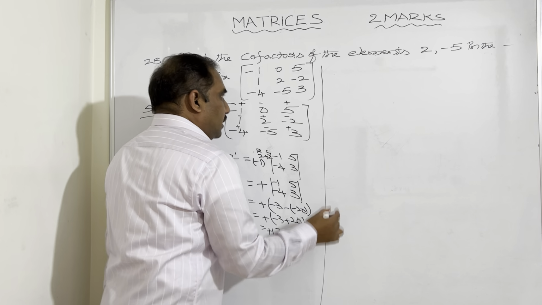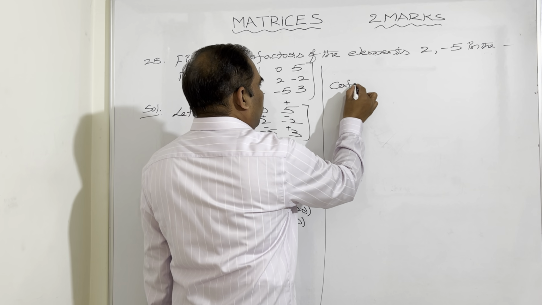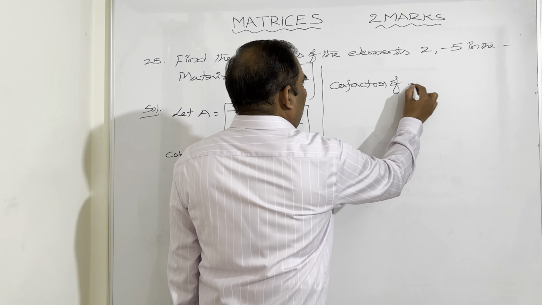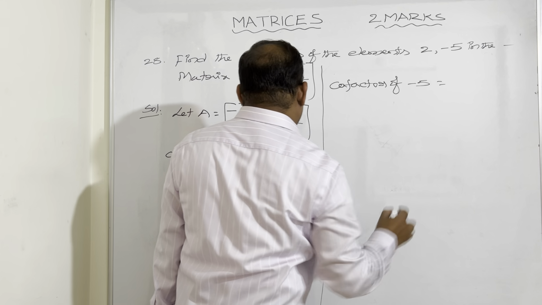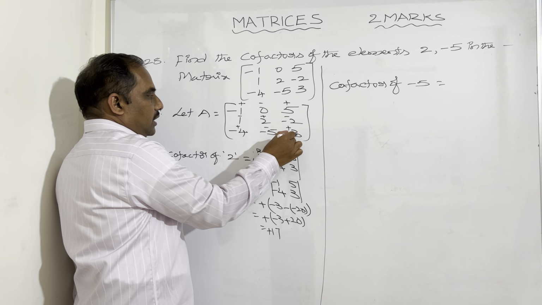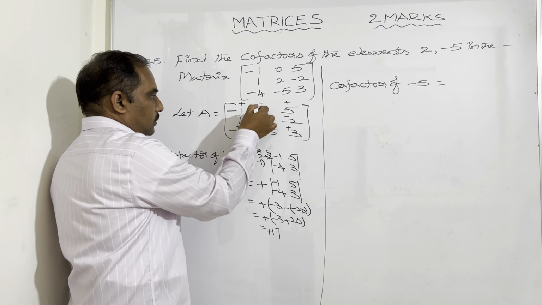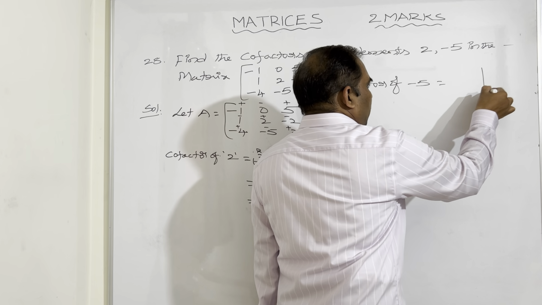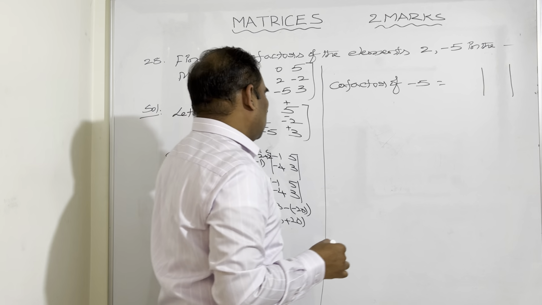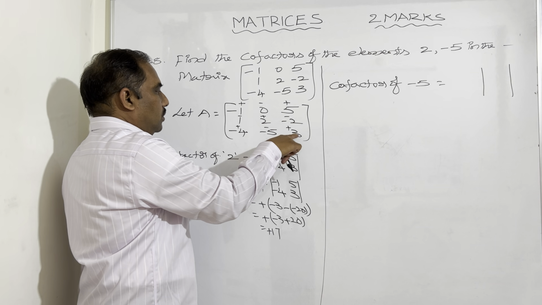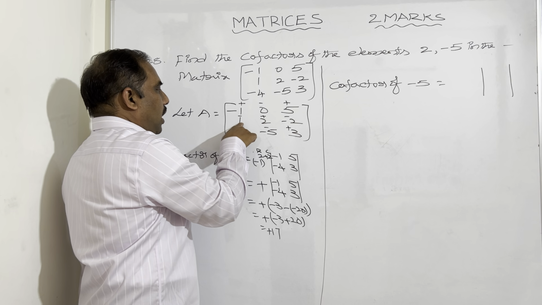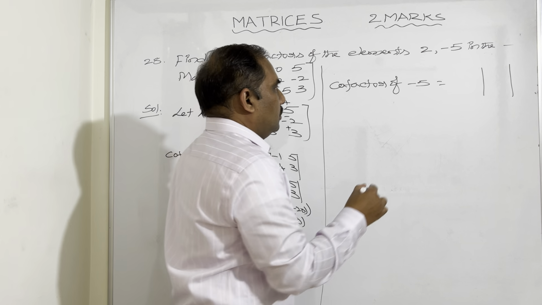Similarly, finding the cofactor of minus 5, which is equal to, see here, minus 5 is present in the third row, second column. So if you delete the third row, second column, we get minus 1, 5, 1, minus 2.